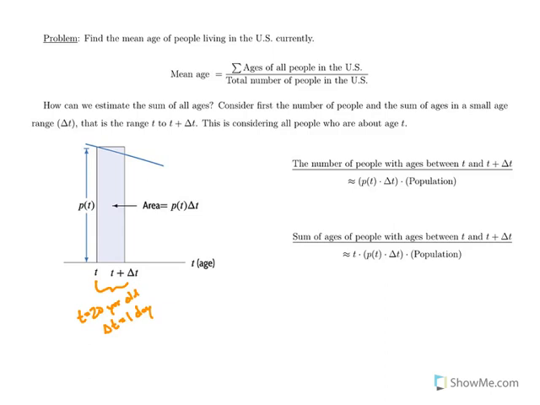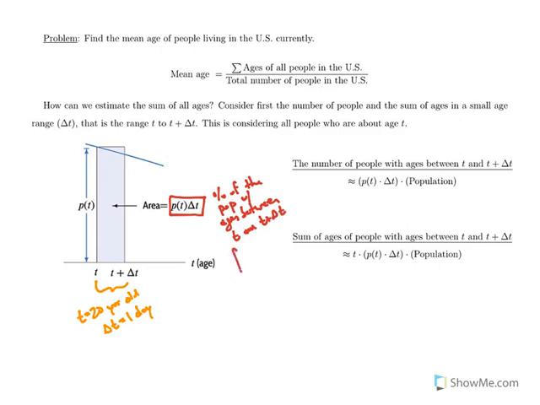So when we're trying to find this, we want to find the number of people with ages between t and t plus delta t. That is going to be the percentage of people in the population with that age, and then multiply that by the population. If we say that again, P of t times delta t is the area of that rectangle, and that is going to be the percentage of the population with ages between t and t plus delta t.